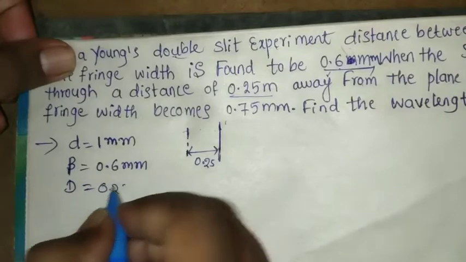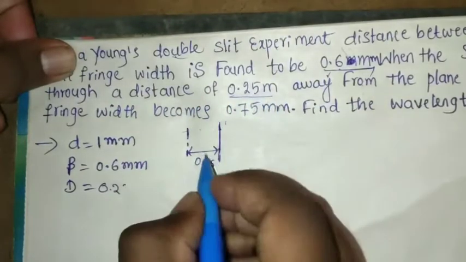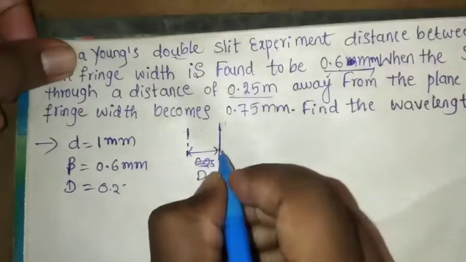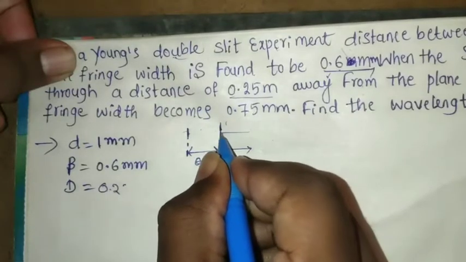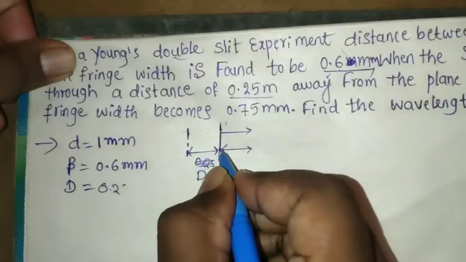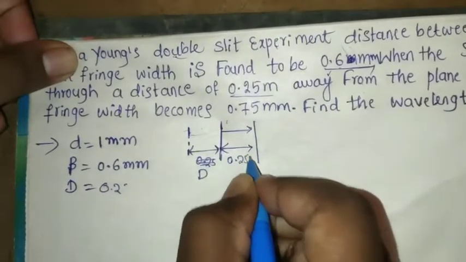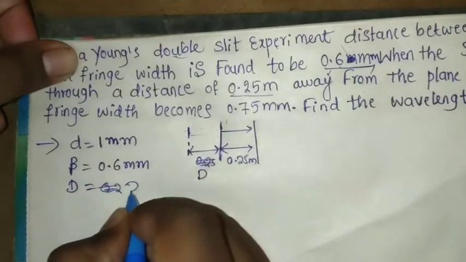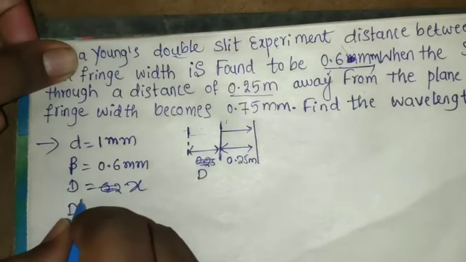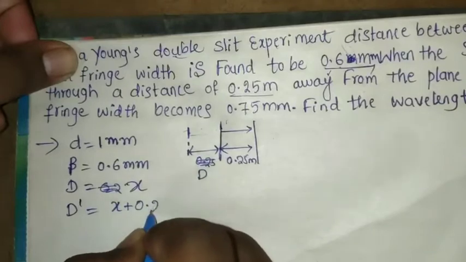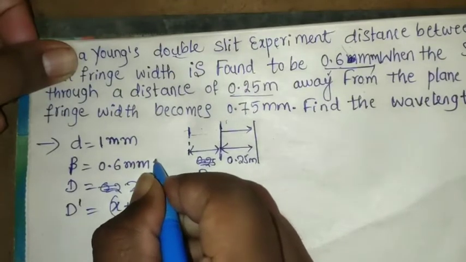Initially the distance is capital D, which I will take as x.